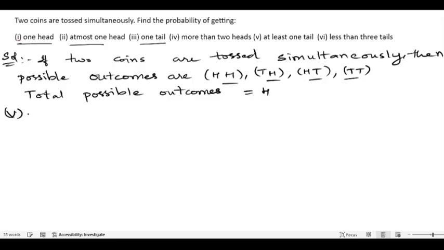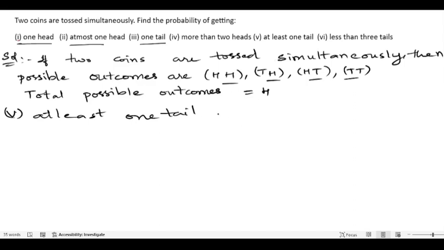Fifth bit, at least one tail. So at least one tail can be obtained. Since they are saying at least one tail, we can get at least one tail in 3 ways.